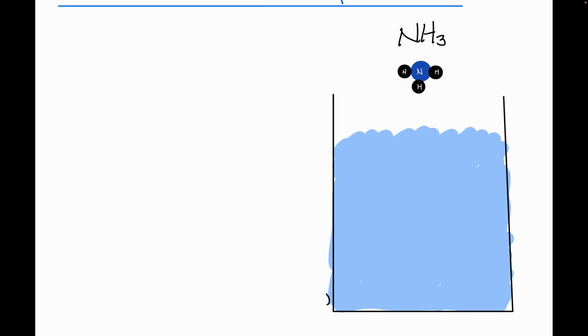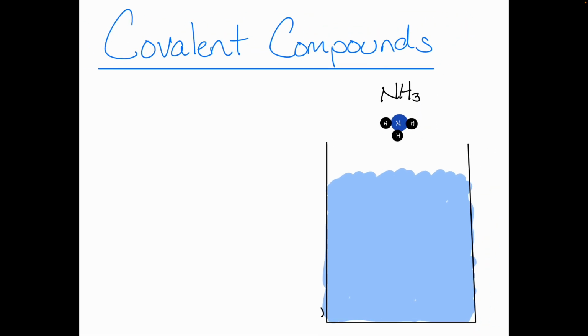Cool. All right, so if we take this and we make a solution with our ammonia, unlike our ionic compounds, we have no bonds that are broken. All we have are just individual ammonia molecules floating around in this solution. Okay? So for our covalent compounds, we do not break our covalent bonds.